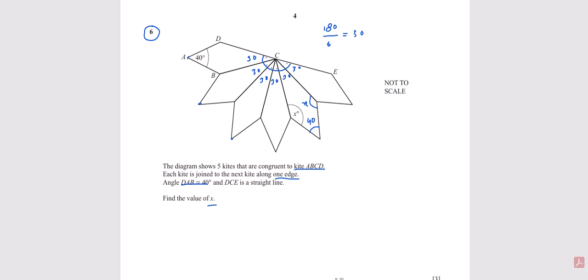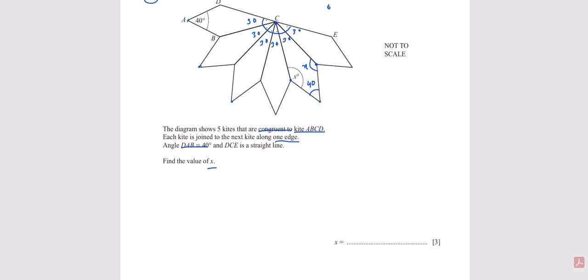And now we let this be x. Now this is a quadrilateral having 1, 2, 3 and 4 angles. So this is also congruent, that's why we let this be x. We know that the sum of the angles of a quadrilateral is equal to 360.